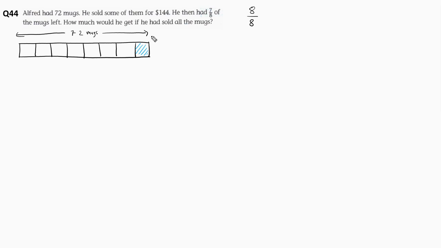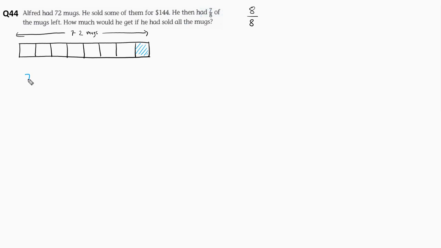Now, in the book, what they then decide to do is to find out how many mugs are there here, represented here. Okay, so let's say we wanted to find out how many mugs there were in each of these parts.